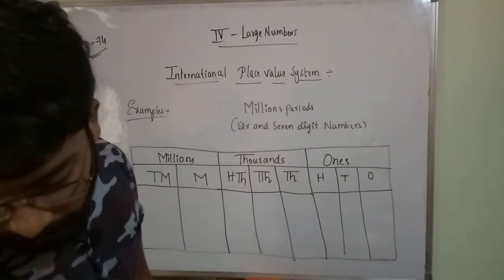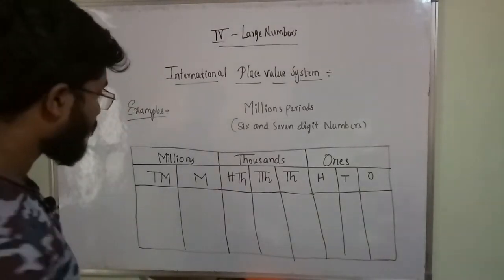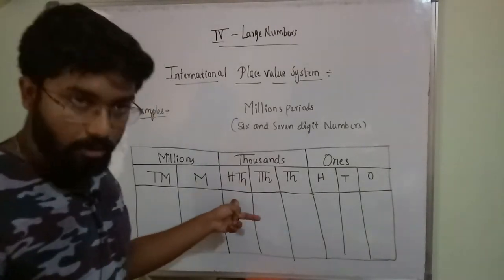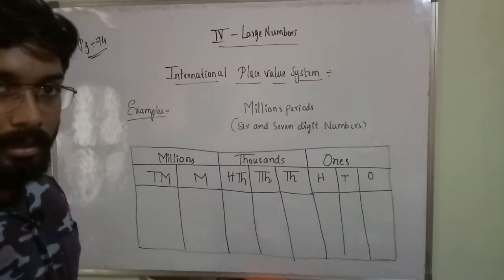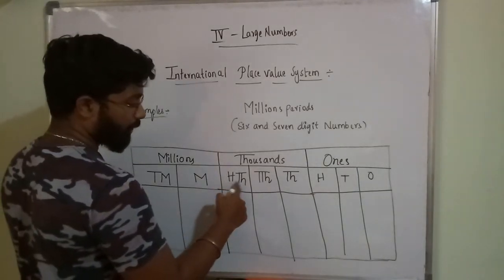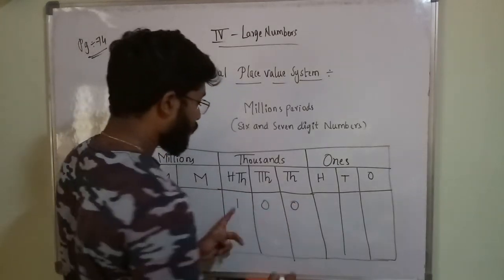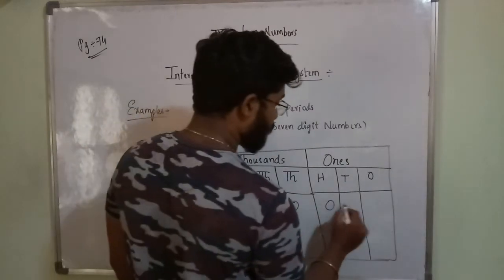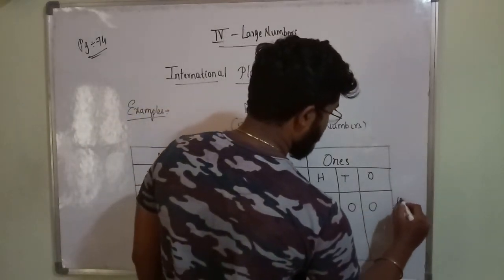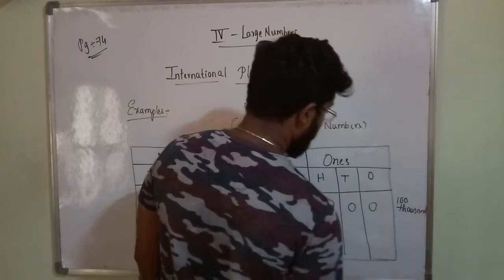Okay, so let us see. Here he has given some numbers, starting with 100,000. 100,000 means 1 followed by 5 zeros.